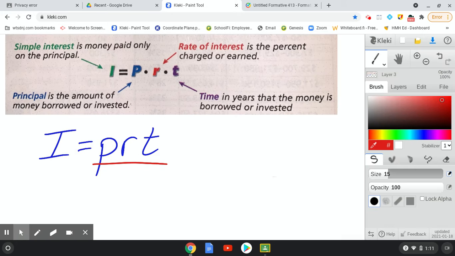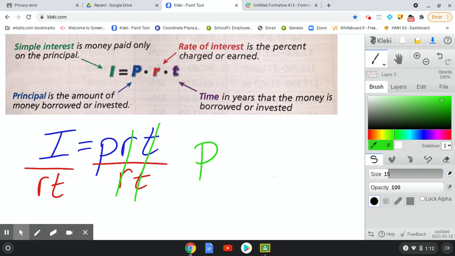So I'm going to divide both sides by the R and the T. Whatever I do to one side of the equal sign, I must do to the other side. Okay? So now the R and the T cancel out, and my new formula is P is equal to I over RT.